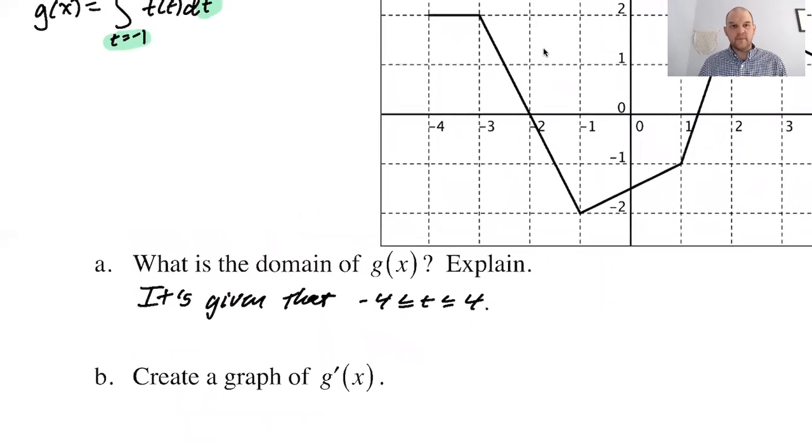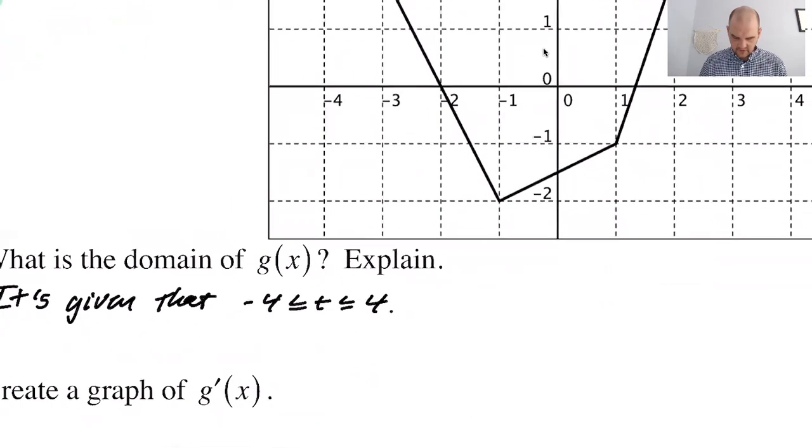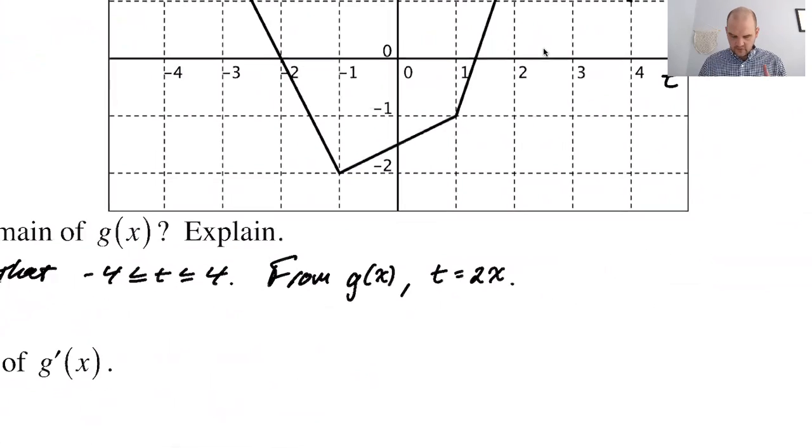Okay, so once we know that, the upper bound of our integral is t equals 2x. So from g of x, basically, we know that t is equal to 2x, right? That's the upper bound. So what does that mean?